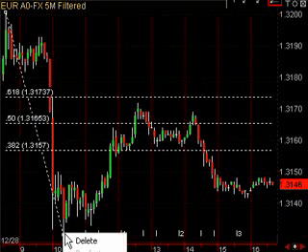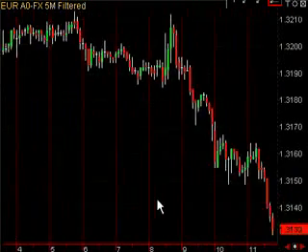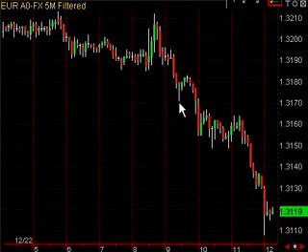Let's go look at another example. Here's an example where the market shoots down, comes back up to the high, fails to break out higher, comes back down again, fails to break out lower, tests the high again, and then finally breaks down and makes a lower low. So now we can assume the trend is down. You want to wait for the first consolidation area to draw your fibs.